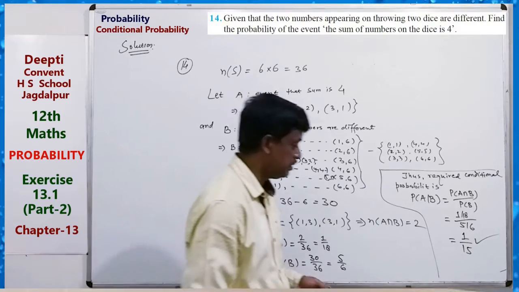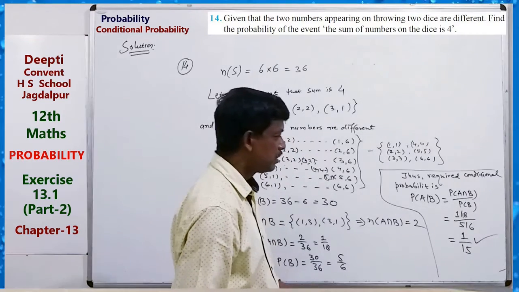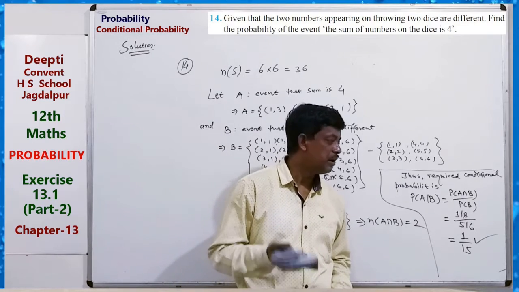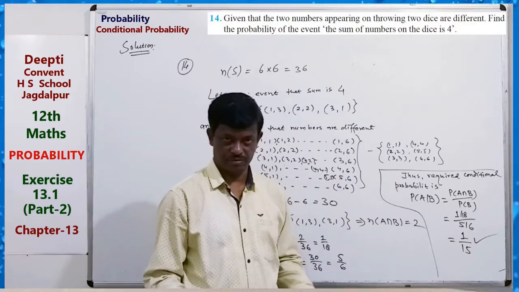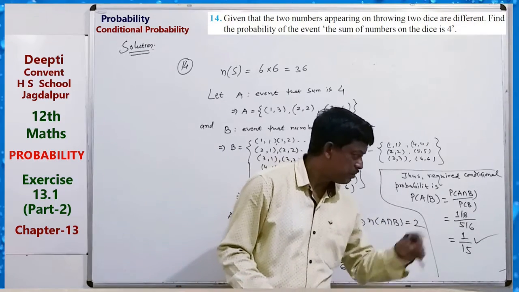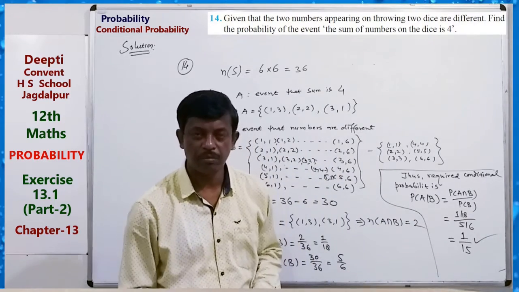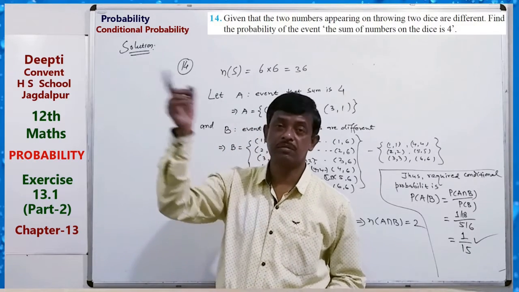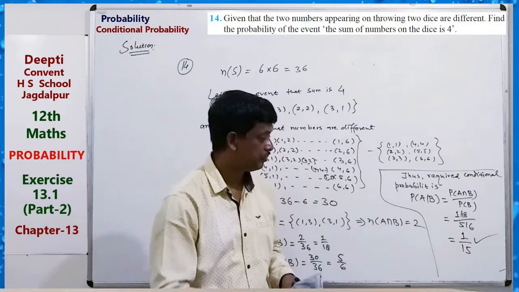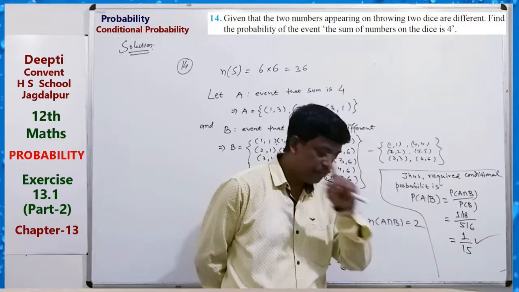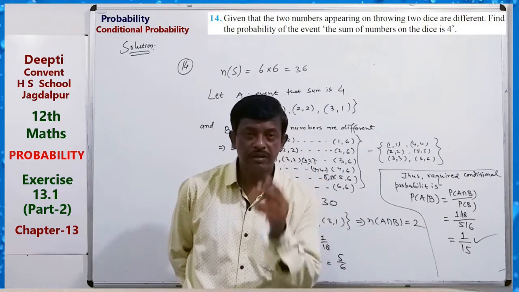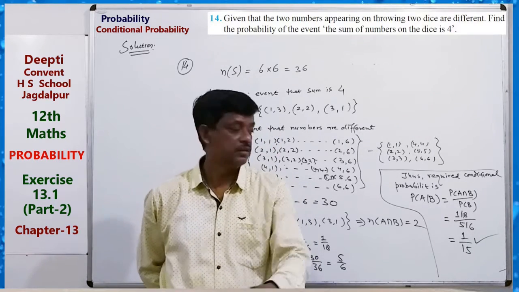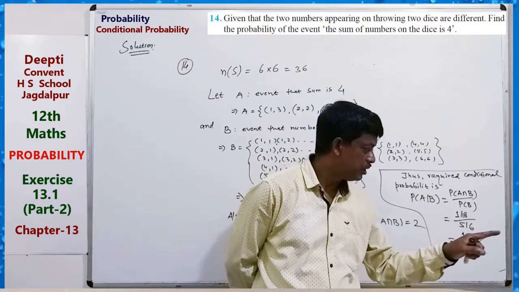Now question 15, just one question remaining. Consider an experiment of throwing a die. If a multiple of 3 occurs, that is 3 or 6, then throw a die again.